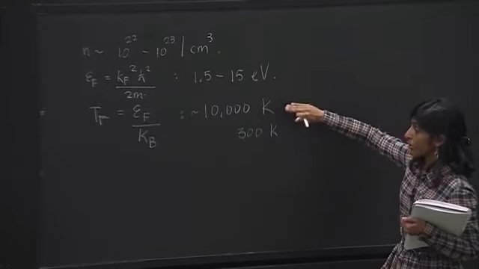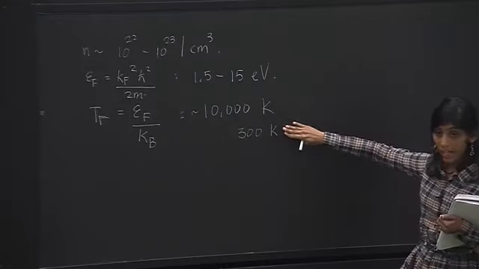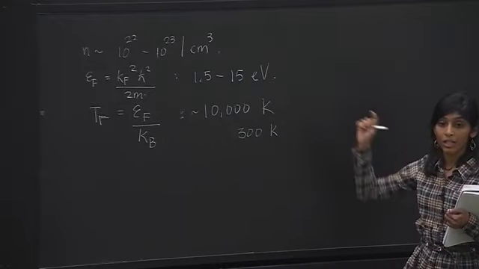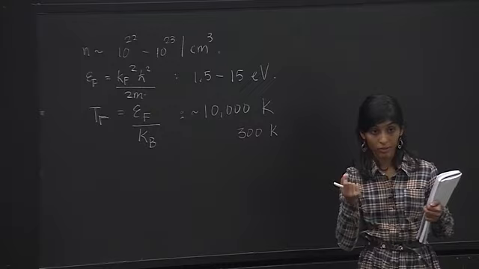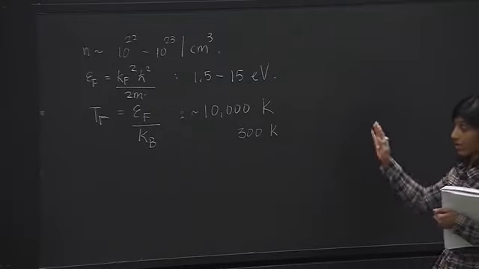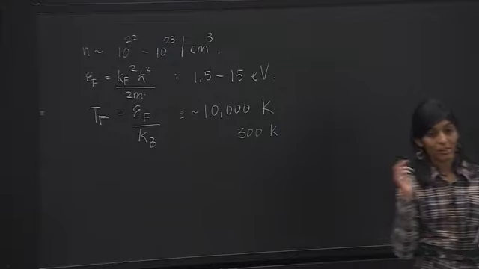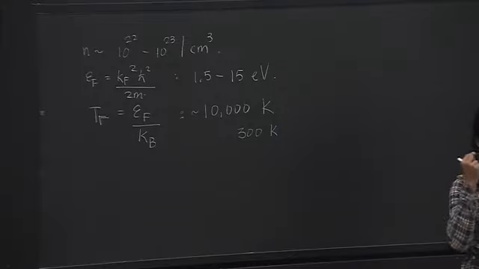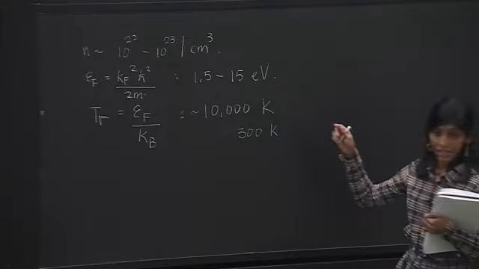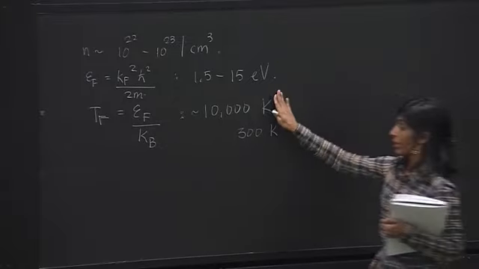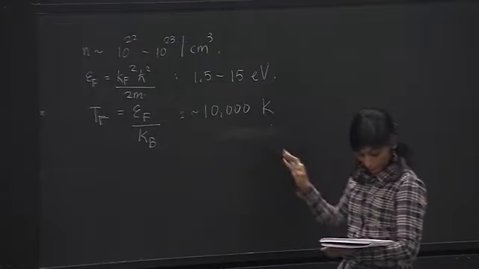So this temperature is much, much bigger than that, and we'll come back to how that means a Fermi surface is well defined at room temperature. And how this means that metals are one of the best known examples of quantum mechanics at room temperature because of this separation of scales. Okay, so this is worth remembering.